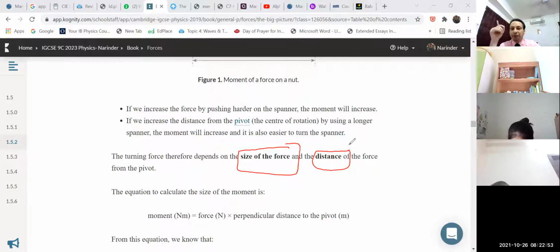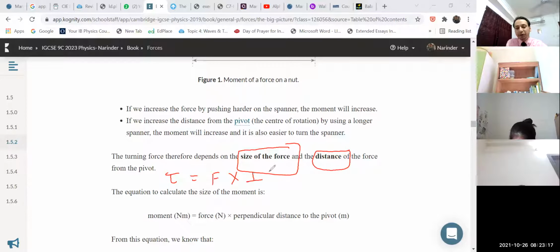So the turning effect depends upon two factors, so I can write an equation. Children, remember torque, I will write this Greek letter, torque, remember torque or moment of force, both are the same. This is equal to force multiplied by distance.